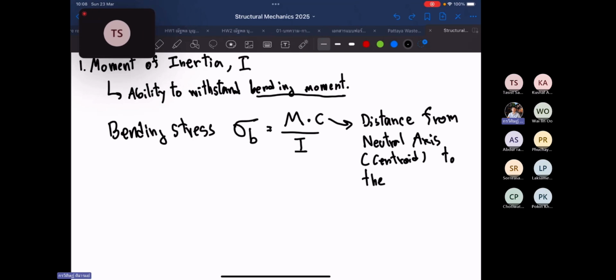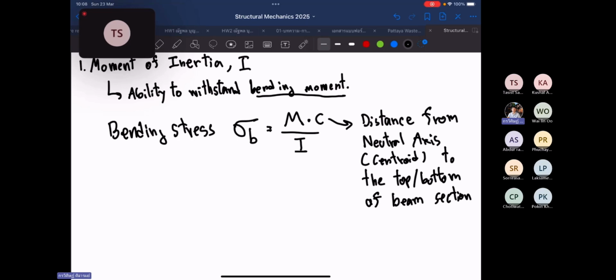Typically, let me say, to the top or bottom of the beam section. Okay, this one is the distance from the neutral axis or from the centroid to the top or the bottom of the beam section, and divided by the moment of inertia.